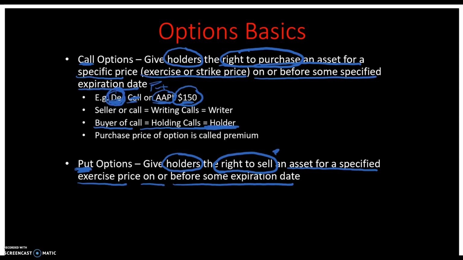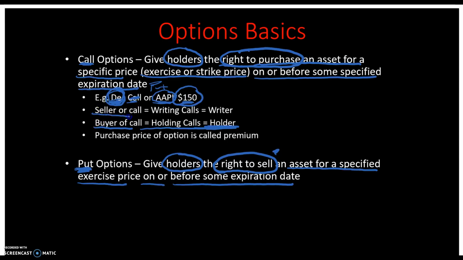Within the contract, this expiration date is going to be a little bit more specific. Might say December 21st, usually the third week in the month. But it's going to be more specific than this December here.